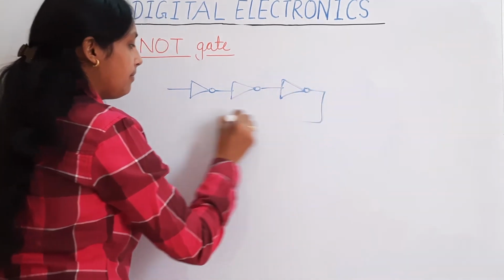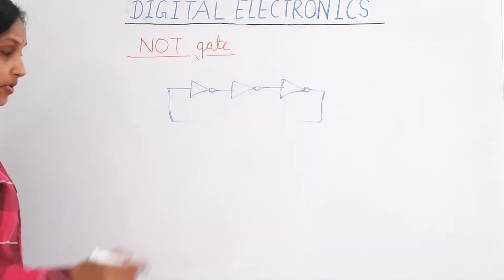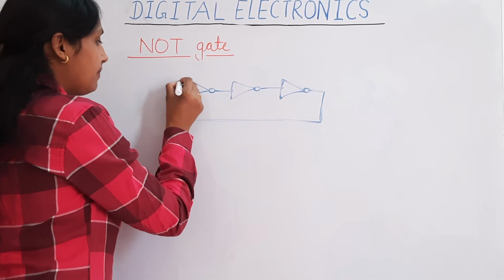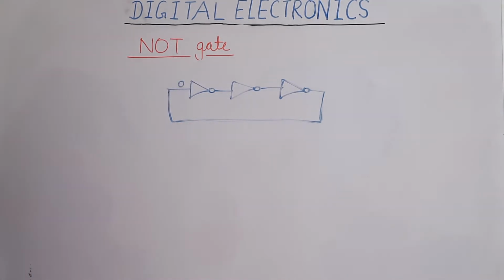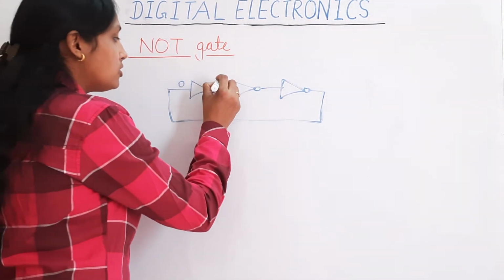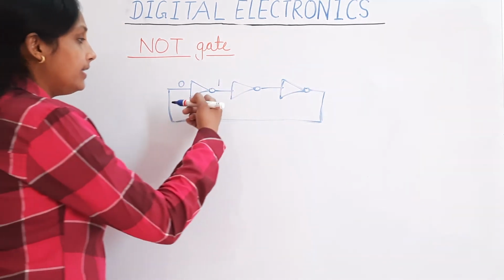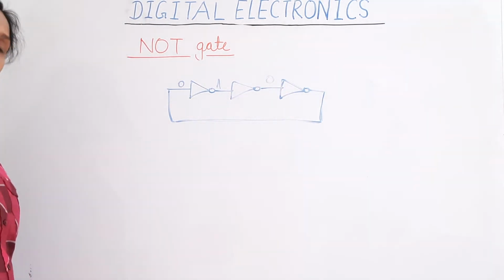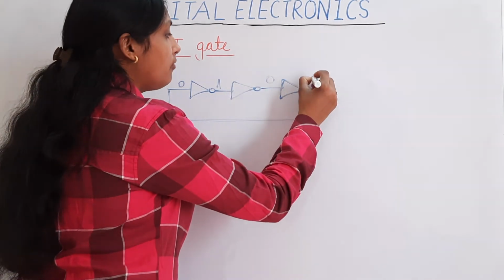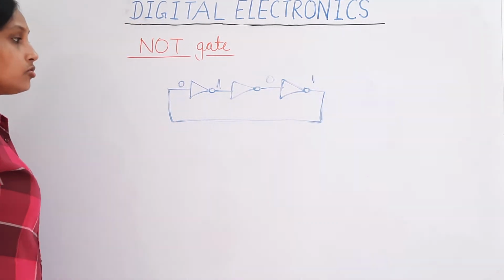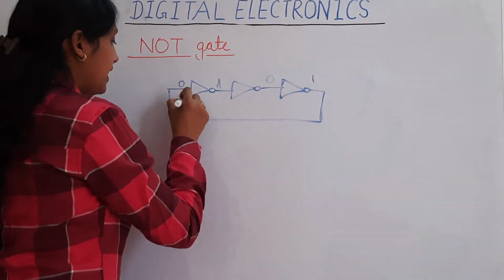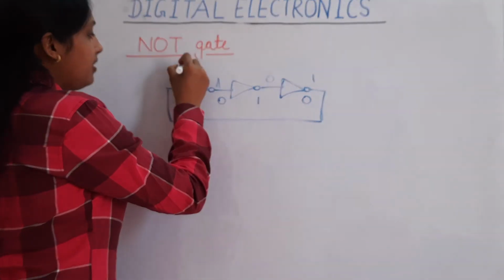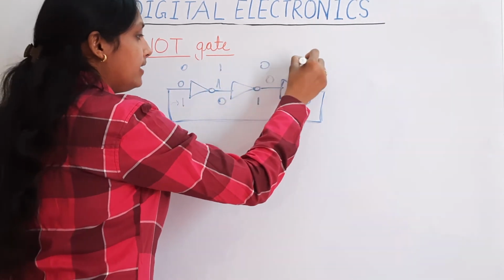If we apply 0 here, then the output of the first NOT gate will be 1, and then if 1 is at the input side, the output of the second NOT gate will be 0, then the output of the third NOT gate will be 1. So what happened here? Again we can apply 1 here, then we get 0 and then 1 and then again 0. Then we apply 0, then 1, then 0 and then 1.